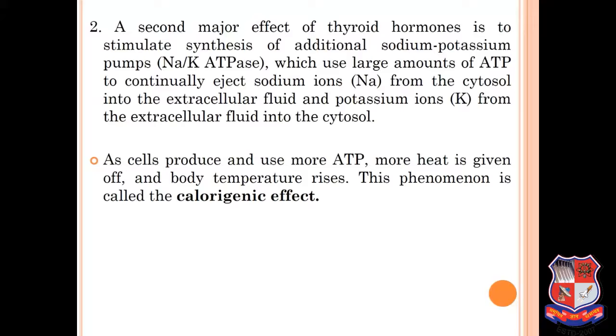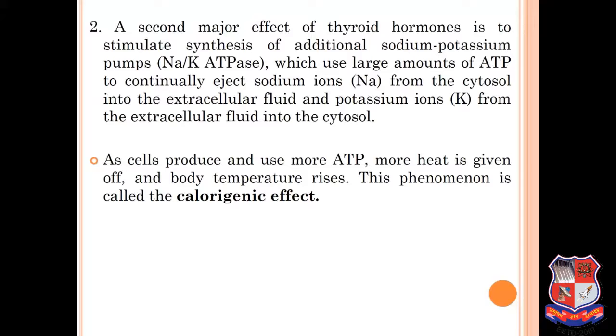Second function, a major effect of thyroid hormone is to stimulate synthesis of the sodium potassium ATPase pump, and these pumps use a large amount of ATP to continuously eject sodium ions from the cytosol into the extracellular fluid and potassium ions from the extracellular fluid into the cytosol.